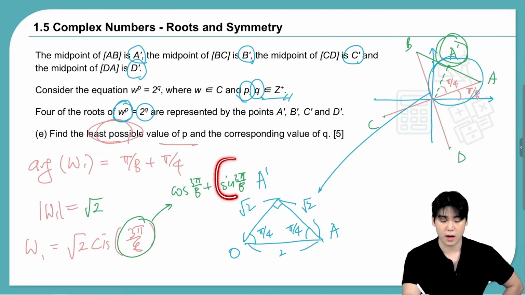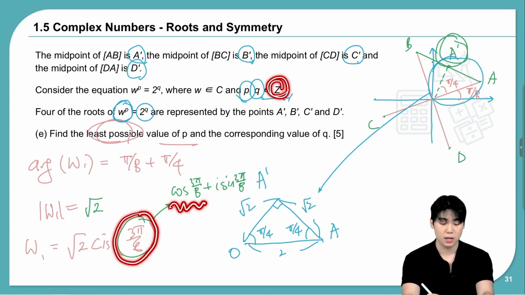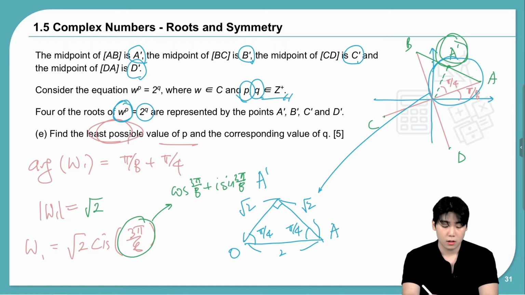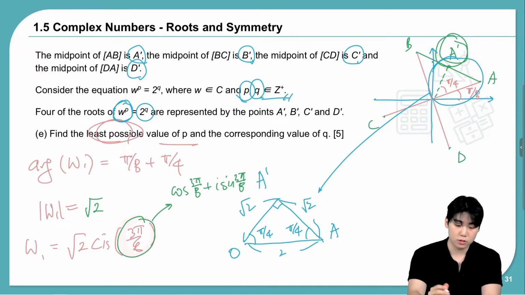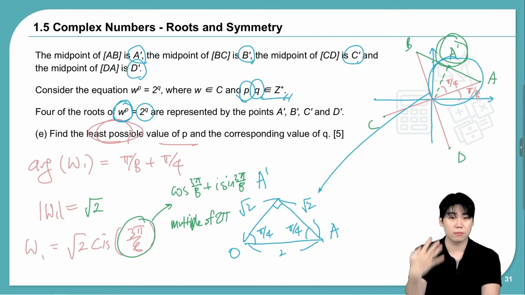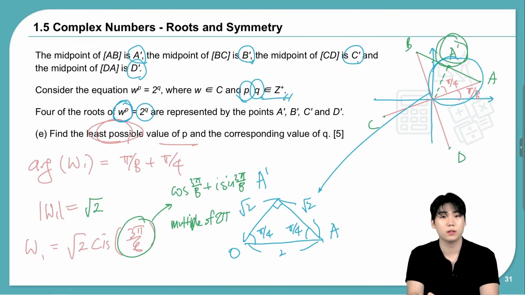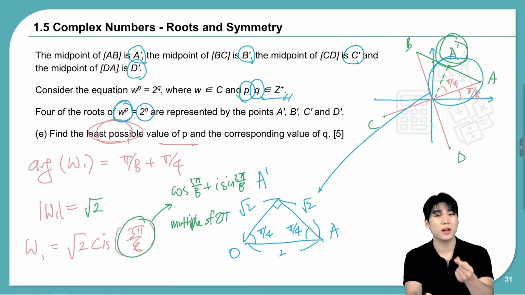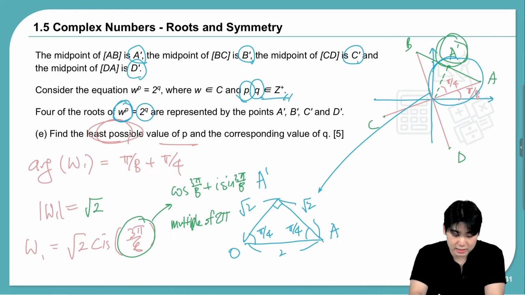So I have to remove that first. That's one thing. And another thing is, I want to find the positive integers. So the real part cannot be negative. That means the angle of the cis thing should be a multiple of 2 pi. In order to make it a multiple of 2 pi, what do we need to multiply by? The least possible value. It would be 16, wouldn't it?